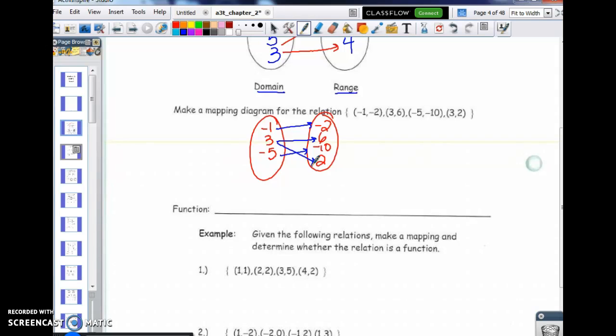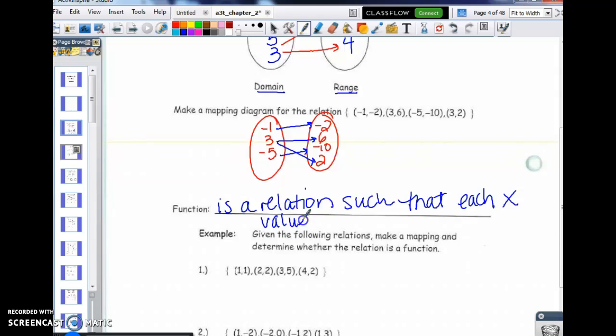The next thing we're going to come across: we just talked about these being relations. Let's talk about function. A function is a relation such that each x value has only one y value.